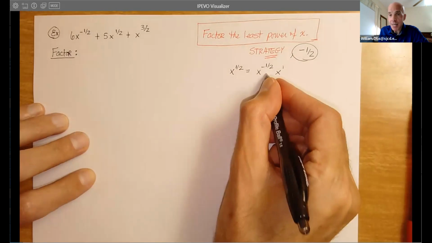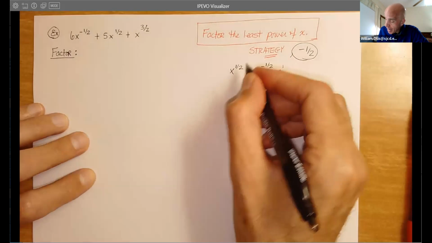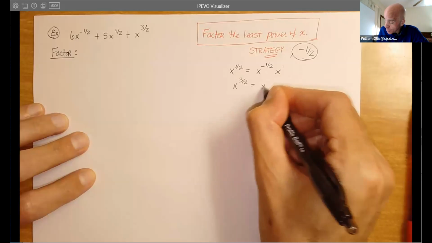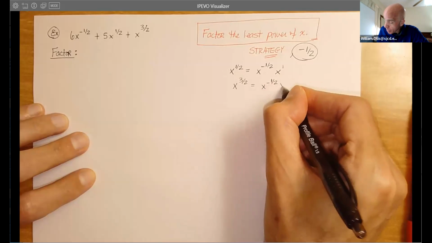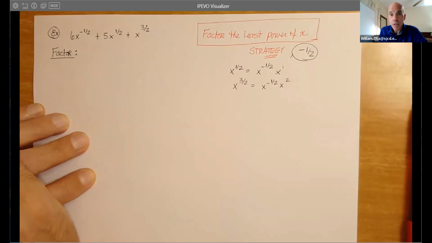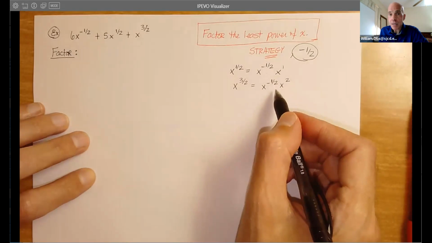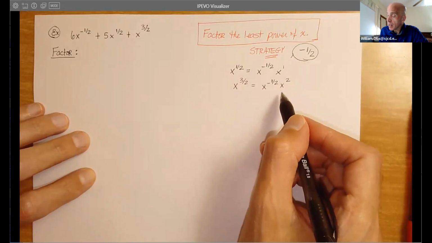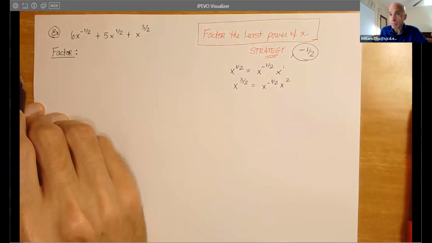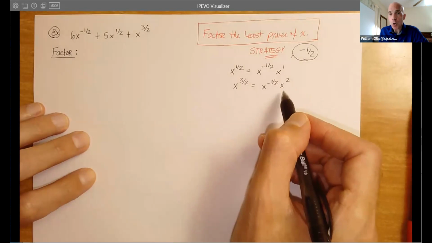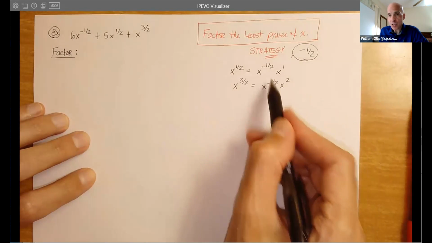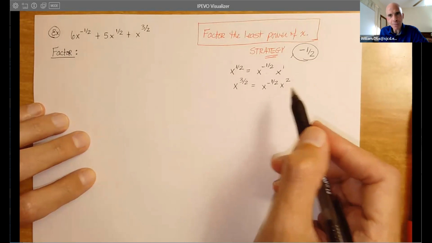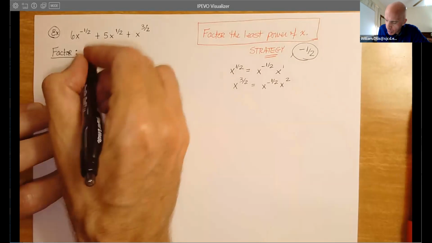But it has an x to the -1/2 in it. x to the 3/2 is really, or can be written, x to the -1/2 times x squared. So the idea here is you can always put in the x to the -1/2 and accommodate for it, and write it so that these terms have the x to the -1/2 in them. This is a trick that the first time you see seems a little bit odd, but now you can see we can do it.